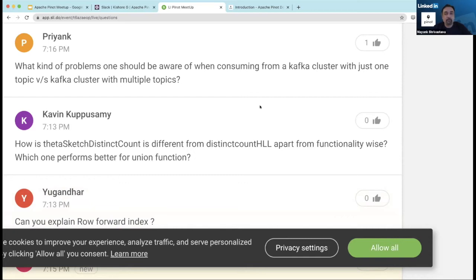Basically, Pinot, as of today, just consumes from a single Kafka topic. At the moment, we do not consume from multiple topics for a single table. Within the topic, you can have multiple partitions, of course.